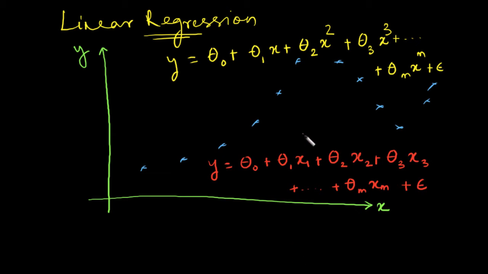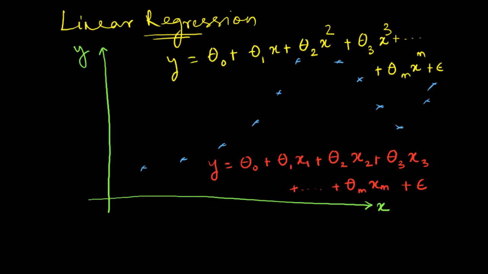So now from single output, single input but nonlinear function, we have now converted that into a function which is single output but multiple inputs.